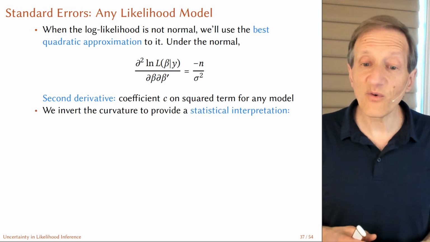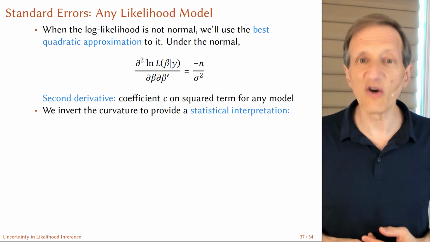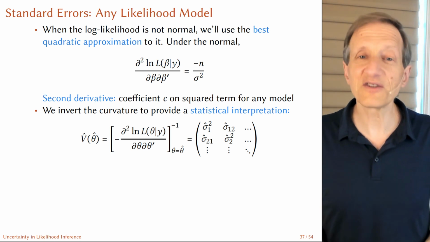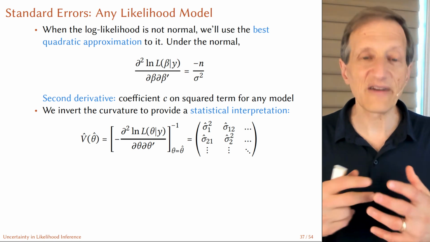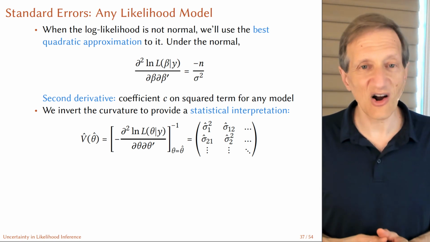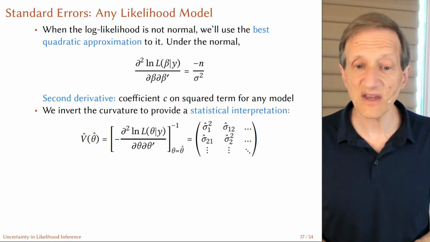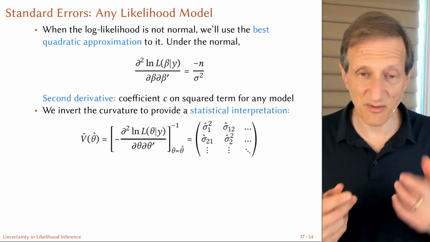And we're also going to invert the curvature. We're going to literally do 1 over it to provide a statistical interpretation. So here's the statistical interpretation, which you've probably seen before. The variance of theta hat, theta being our estimates, not only one estimate, but there could be a whole vector of estimates, is equal to, now when we invert, if there's one of them, you just take 1 over it.